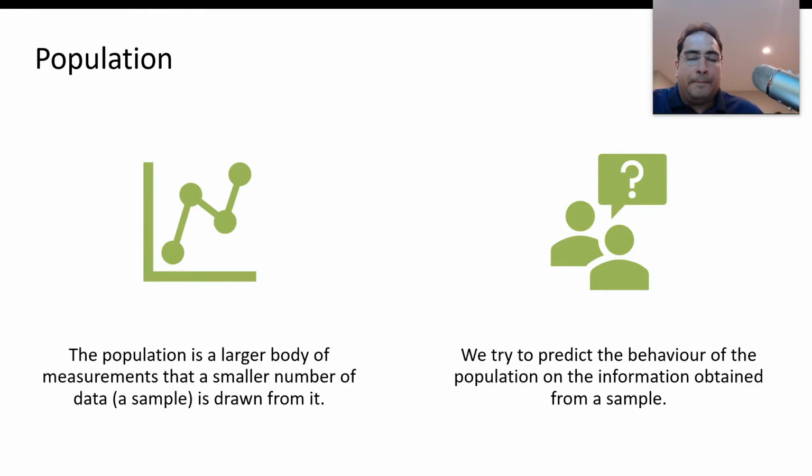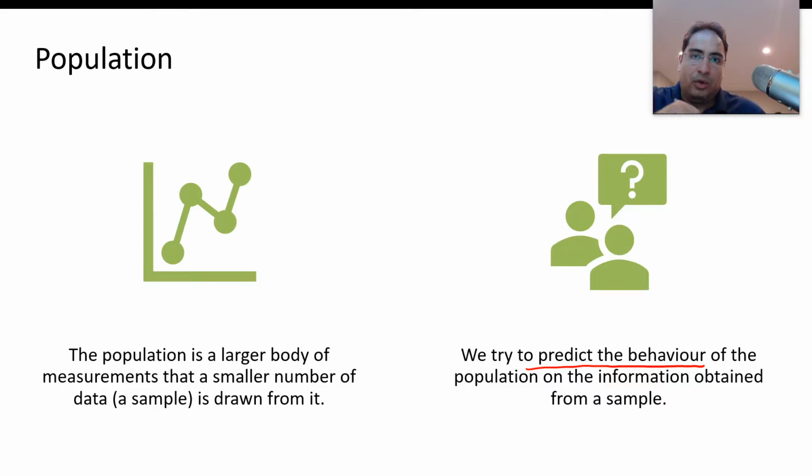But if you want to get that information, instead of asking every member of the population, you could just get a smaller sample of that population, and then use that sample to predict the behavior of that population.